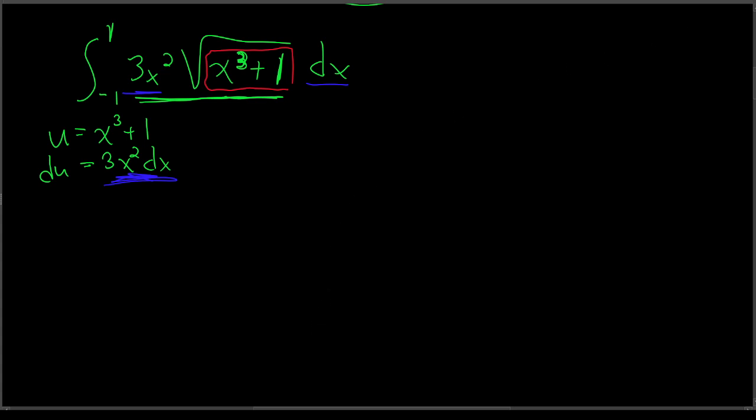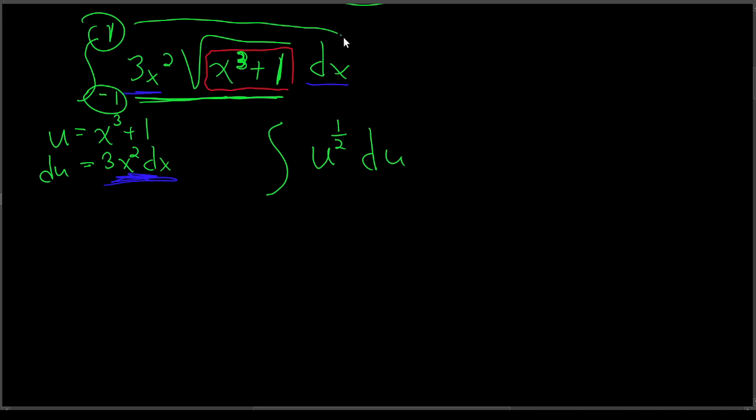And so with the substitution, this becomes u to the 1/2. Right? Here's u. Square root will be the 1/2 power. And then 3x squared dx is du. But we need to remap from the x space to u space.